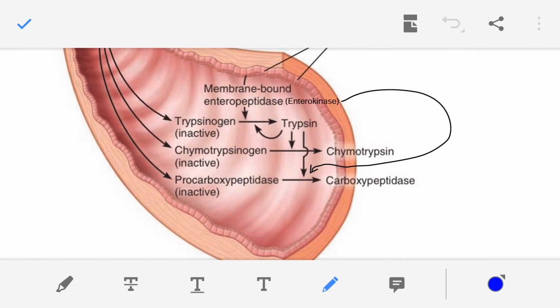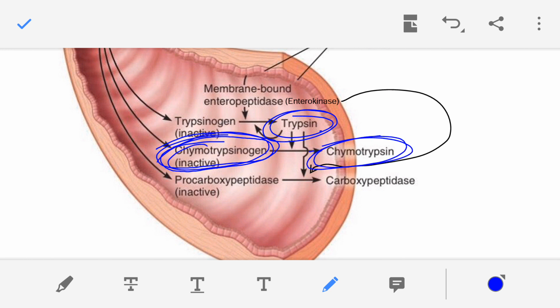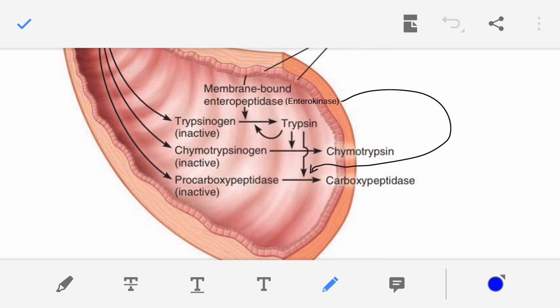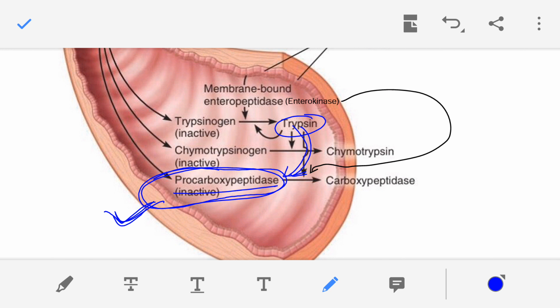Then trypsin also acts upon chymotrypsinogen. Due to the effect of trypsin, chymotrypsinogen is converted into chymotrypsin. Then we have procarboxypeptidase. This is in the inactive form. This procarboxypeptidase is acted upon by trypsin, and due to the effect of trypsin, procarboxypeptidase is converted into active carboxypeptidase.